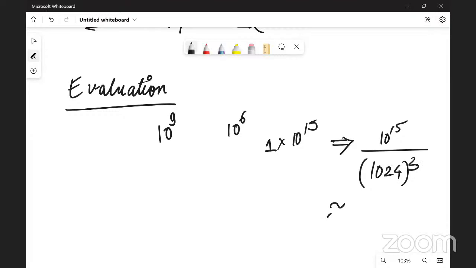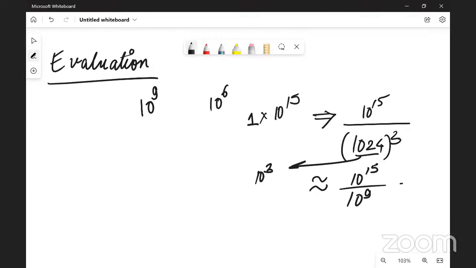So it's roughly 10^15 divided by 10^9, so I just substituted this with 10^3. This is 10^6 gigabytes. It's a huge amount of storage.